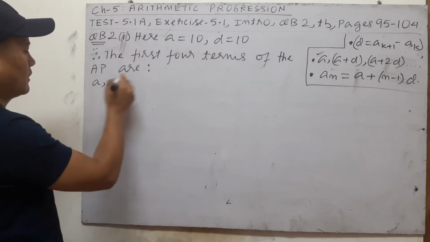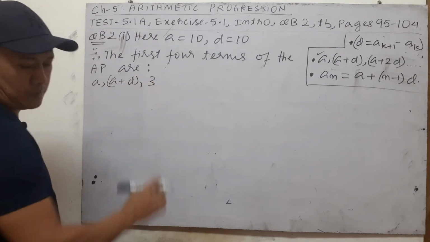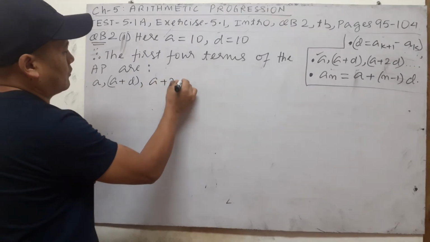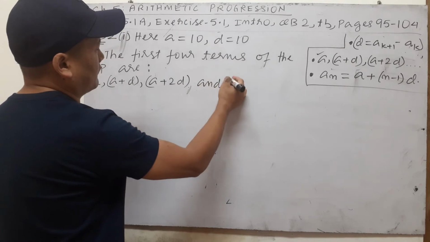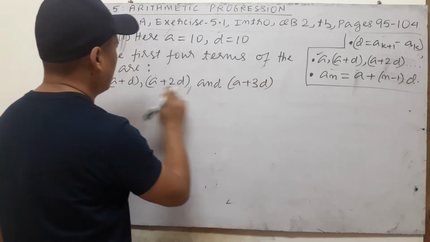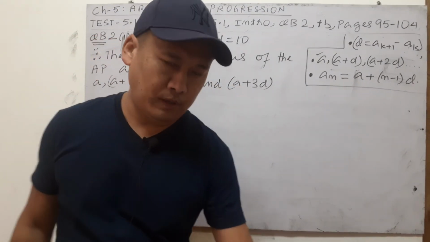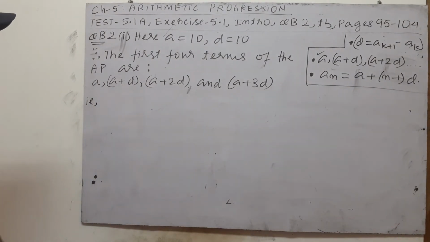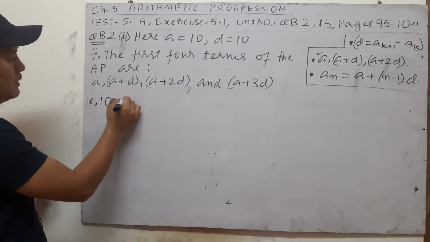a, comma, then second term is a plus d, third term is a plus 2d, and the fourth term, we write only up to the fourth term, so a plus 3d. Up to a plus 3d only we require. First term, a is 10, so we just write 10, comma.